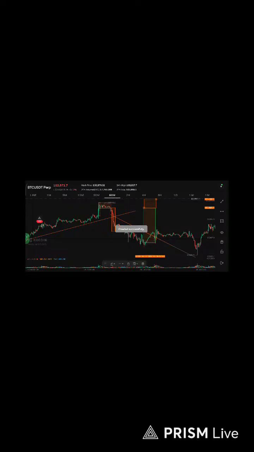Then our entry would have been here. Have you seen it? You drag it. My entry is which line? It is the lower line, the blue line, which is my entry.